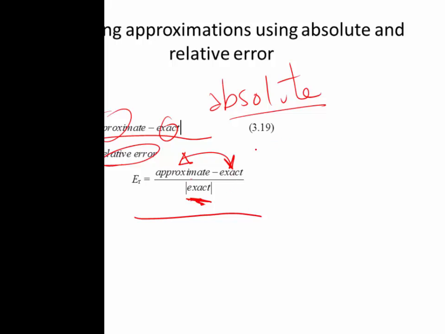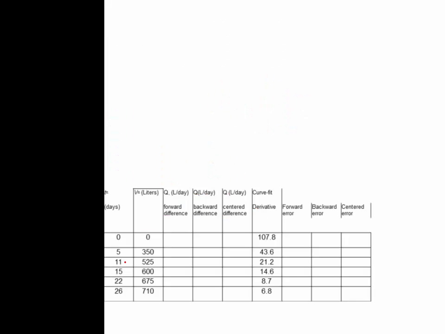The approximation is expressed as a fraction of the exact value, and we make that an absolute value, because when the approximate value is greater than the exact, this is positive. So the relative error is positive when the approximate value is too high, and it's negative when the approximate value is too low.